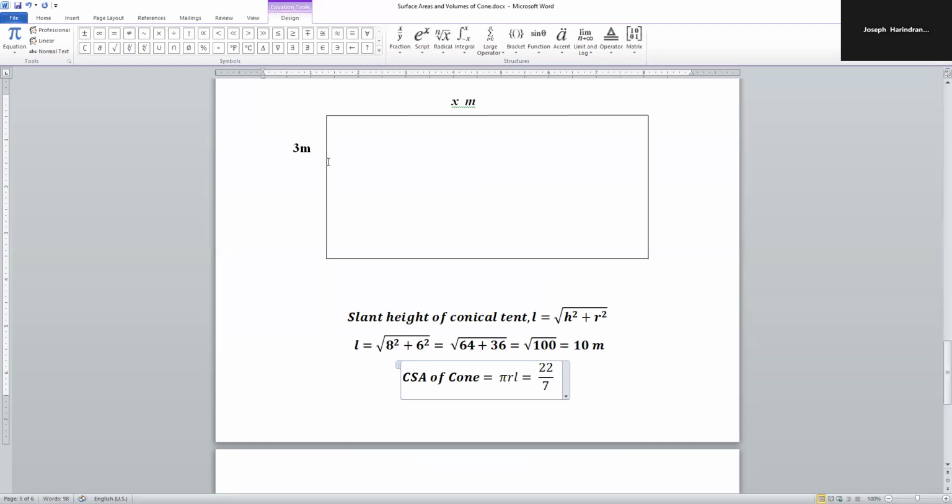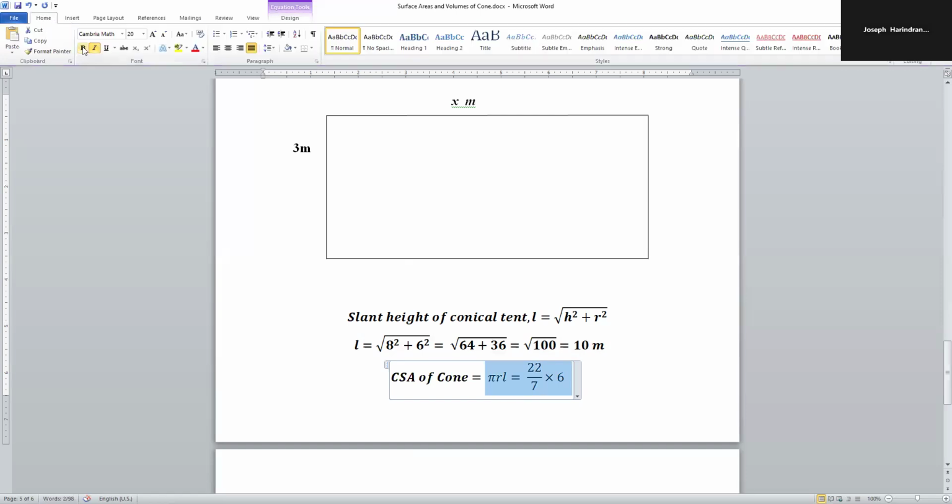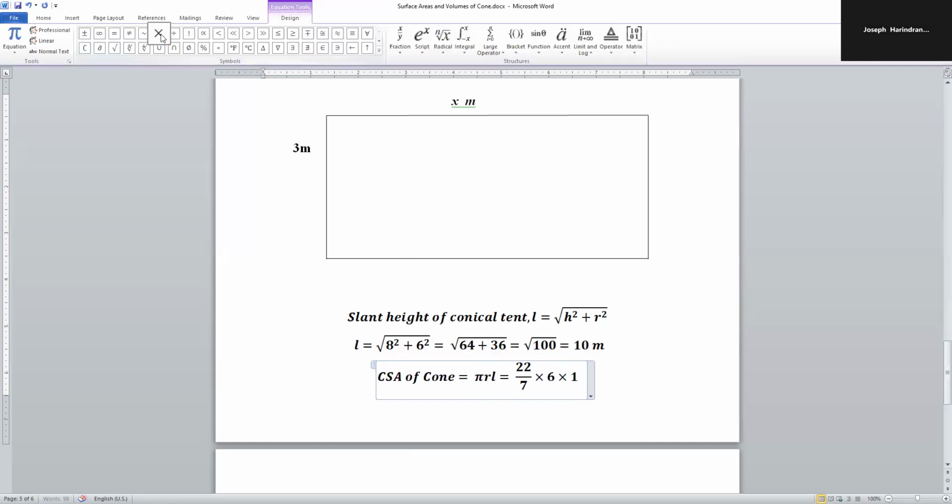Into R, which is 6 here. L is what we calculated now, it is nothing but 10. Or is it given as 3.14?